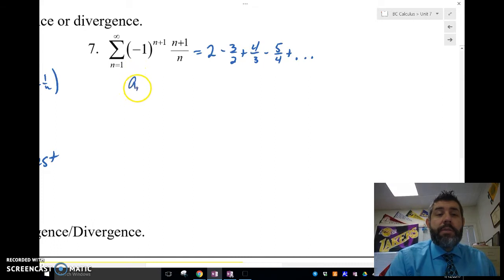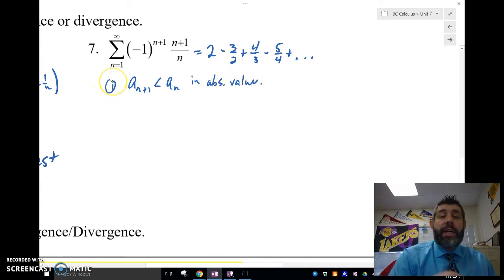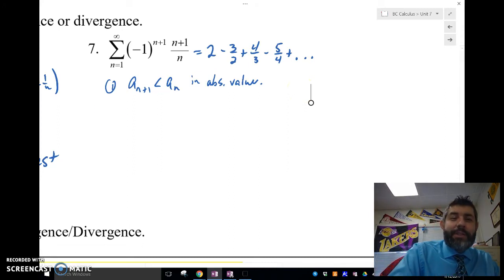So a sub n plus 1 is less than a sub n in absolute value. So the first part checks out. By the way, the first thing that has to happen is that it's alternating. If it's not alternating, you can't use the alternating series test.